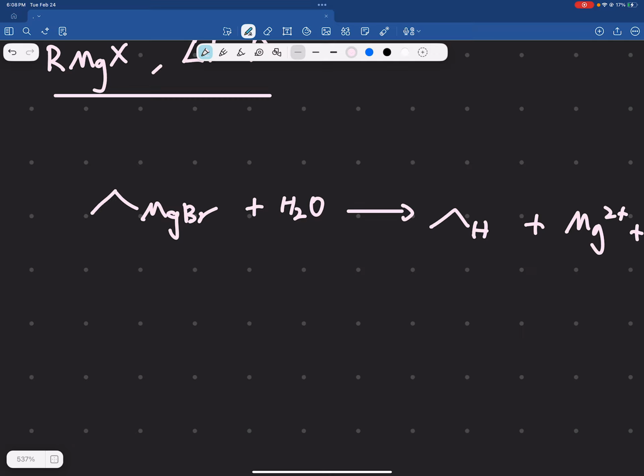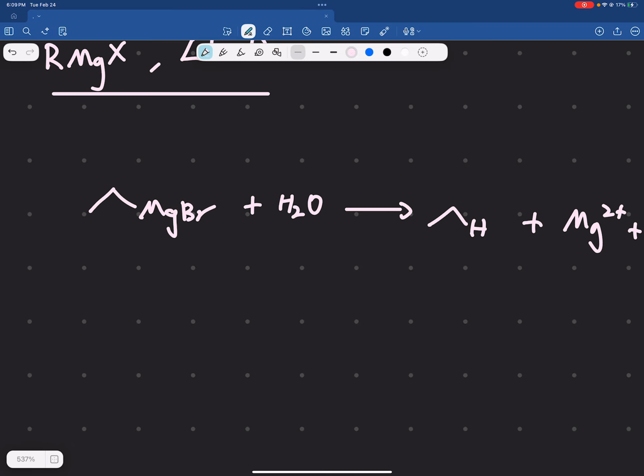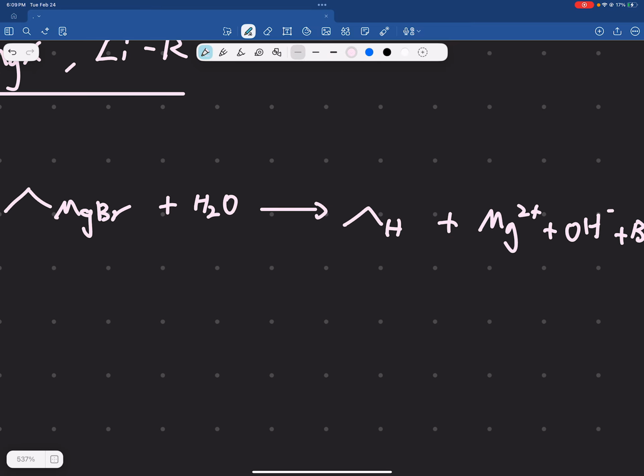So if any organic halogen contains a functional group with a stronger acid that is going to form a weaker acid, this will react with itself and it will destroy itself.